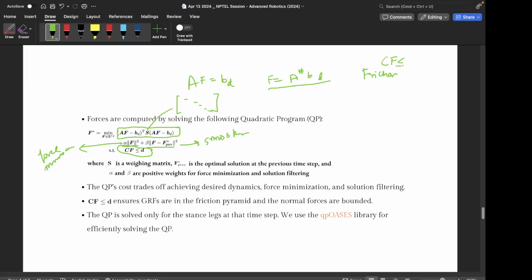This C F is less than D is the friction constraint, and it says that the force in the x direction should be less than or equal to mu Fz, and similarly the force in the y direction should be less than or equal to mu Fz. So this is the Coulomb friction constraint.